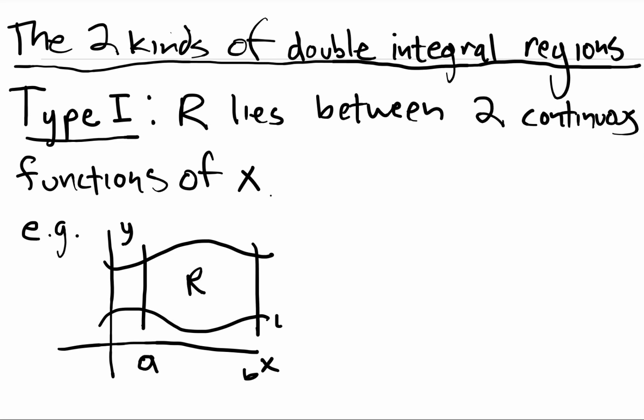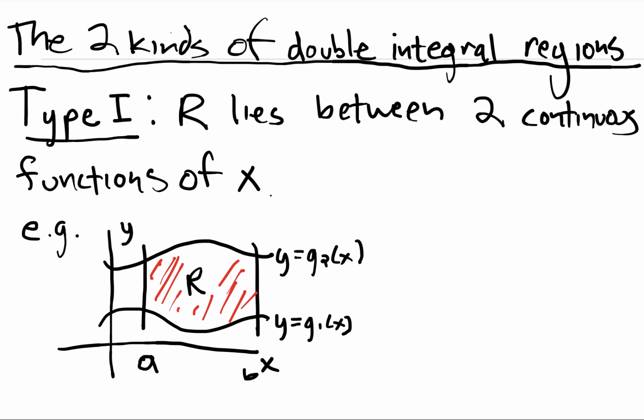So I could maybe have some sort of y equals g1 of x, some sort of y equals g2 of x curve here, and here is my region of integration.